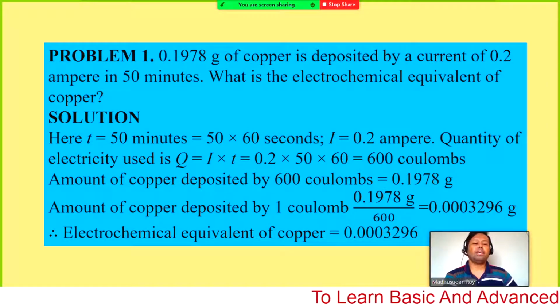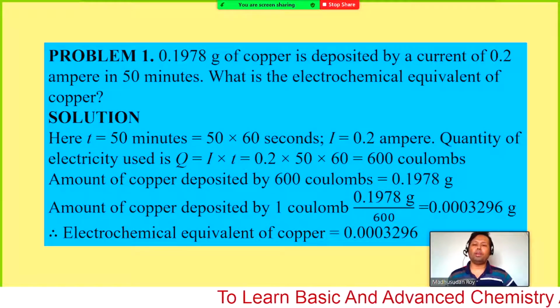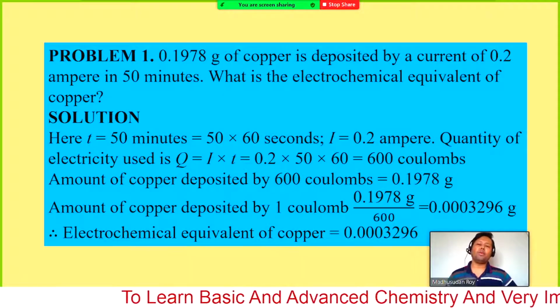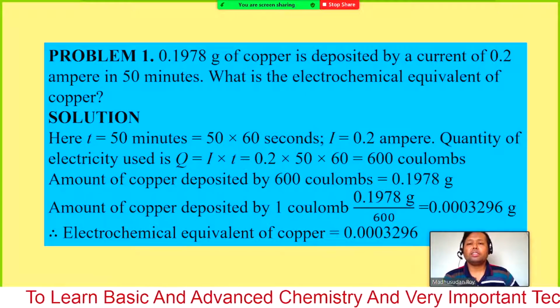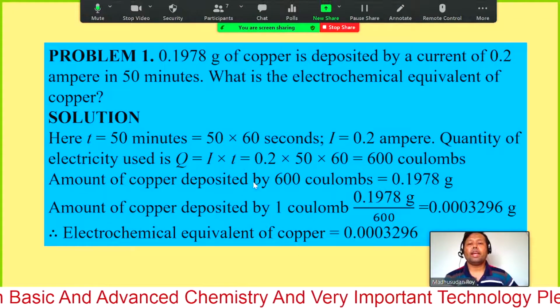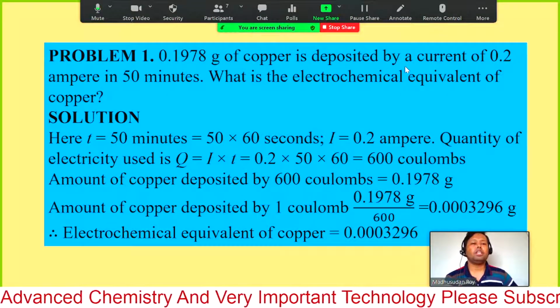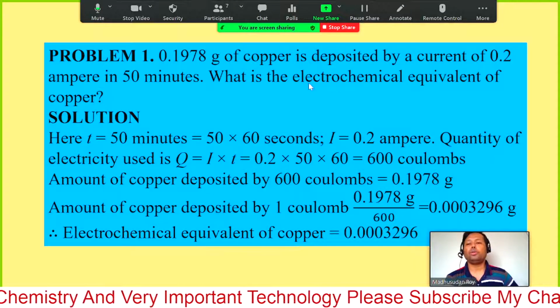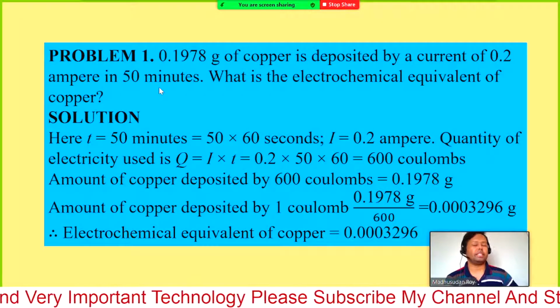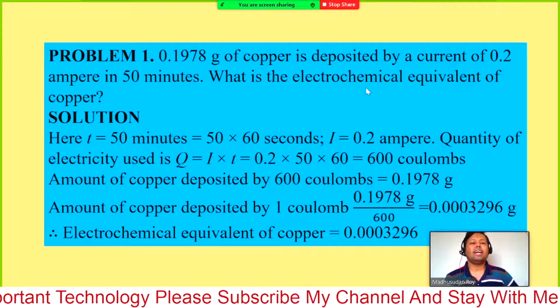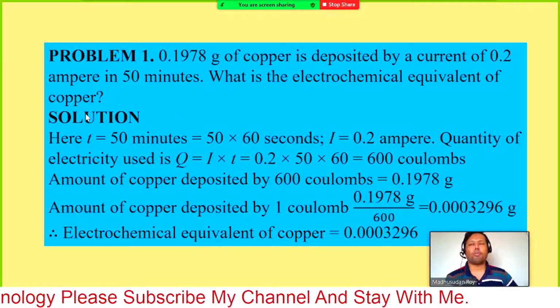Now we will see very simple mathematical problems regarding Faraday's law. Let us consider 0.1978 gram of copper is deposited by a current of 0.2 ampere in 50 minutes. What is the electrochemical equivalent of the copper?